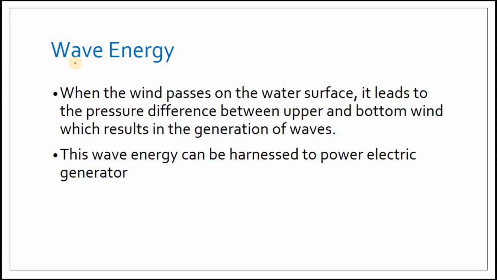The second is getting energy from the wave itself. So when the wind passes on the water surface, it leads to pressure difference between the upper and the bottom levels, right?